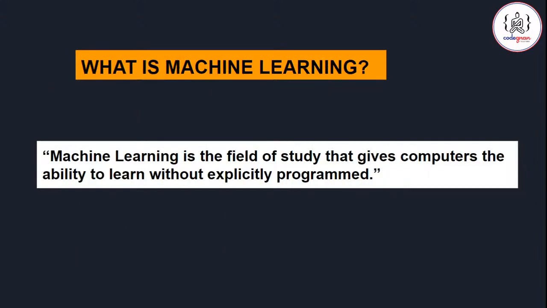So let's talk about this definition here. Machine learning is the field of study that gives computers the ability to learn without being explicitly programmed. So you don't have to hard code it. You have a model, you have an algorithm, you just supply the data and it will do the job for you.